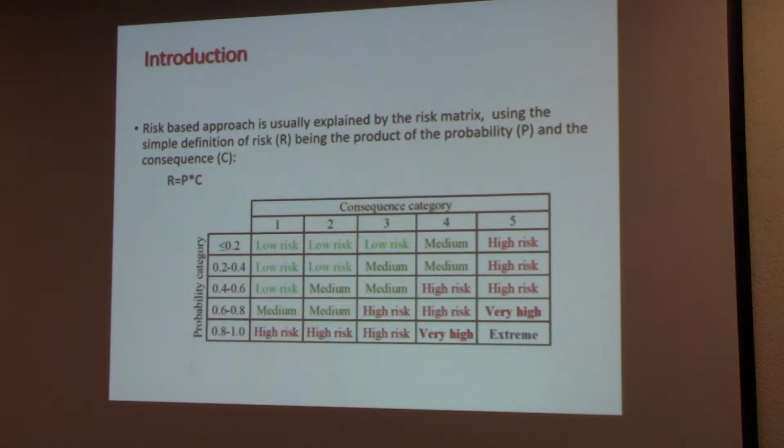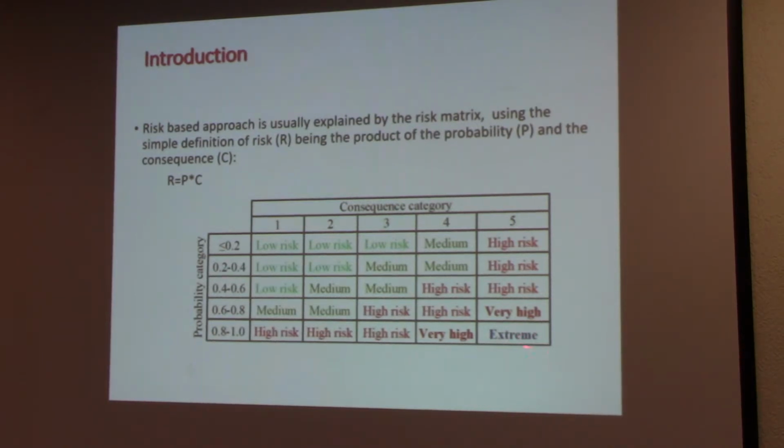So, starting from the very simple definition of a risk being the product of probability and the consequence, we can plot a risk matrix with some green area, with some less green area, maybe yellow, but it doesn't look like yellow, then some red area, and then some very red, do-not-go-there area.